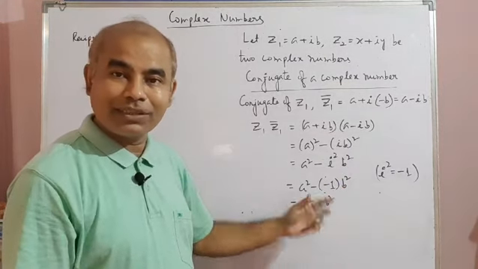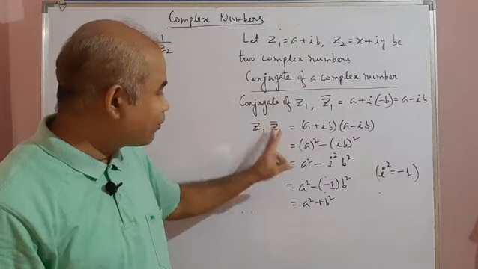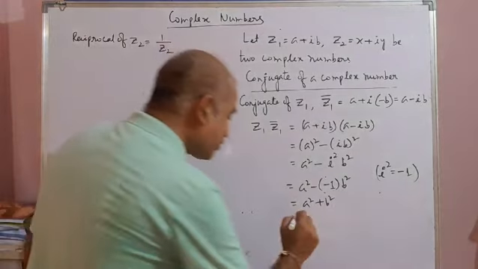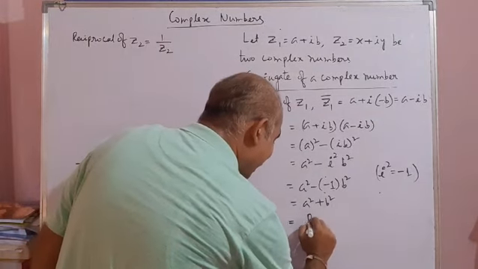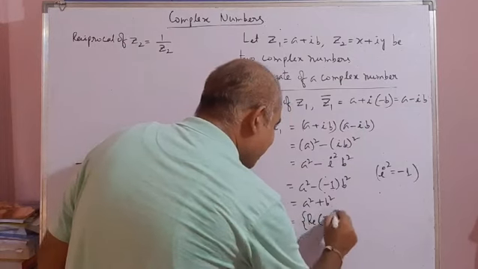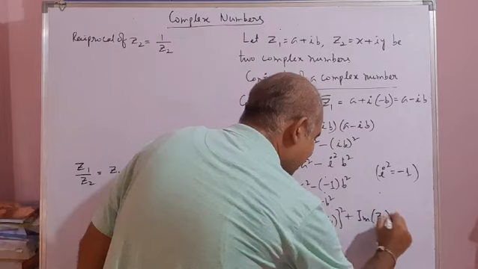So just remember this simple thing: when you multiply a complex number with its conjugate, your answer is a square plus b square. What is a? A is the real part of our complex number z1, so square it. B is the imaginary part of our complex number z1, so square it.